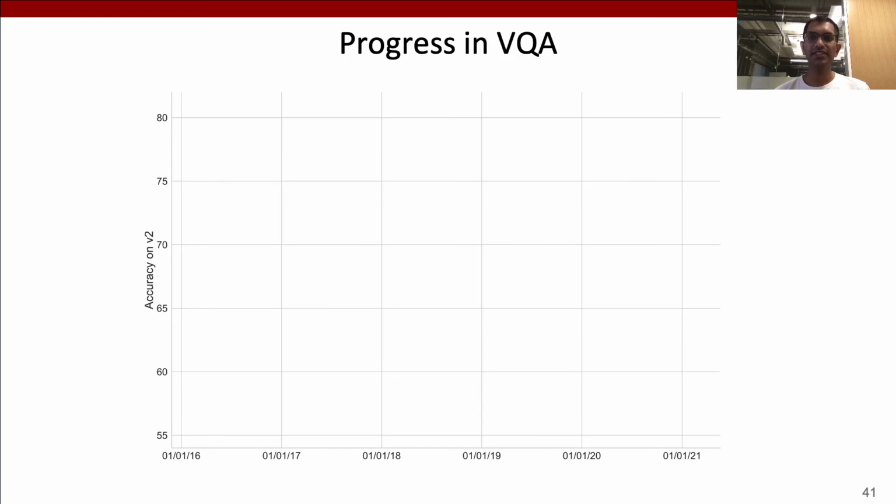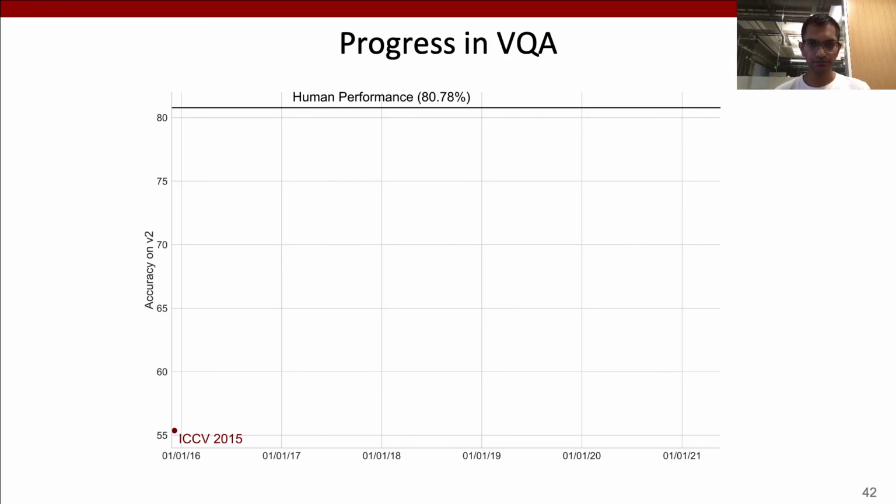We have been running this challenge for 6 years, so let's zoom out a little bit and look at the progress in VQA. This plot shows the state-of-the-art performance on the dataset over time. Our baseline model from ICCV 2015 is shown at 55.3%. The human performance is shown at 80.78%.